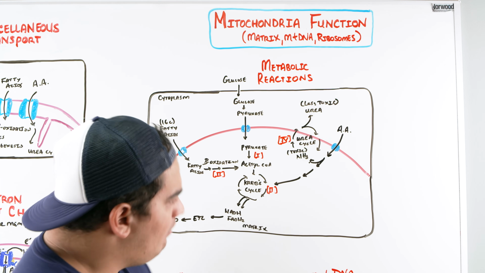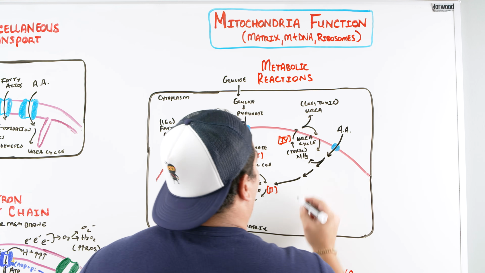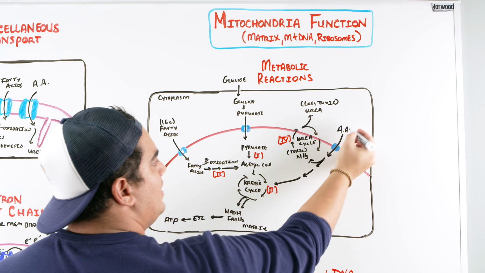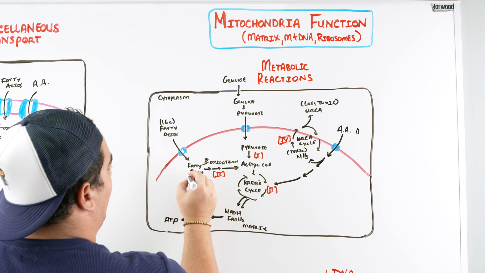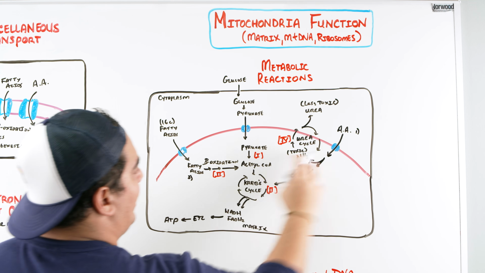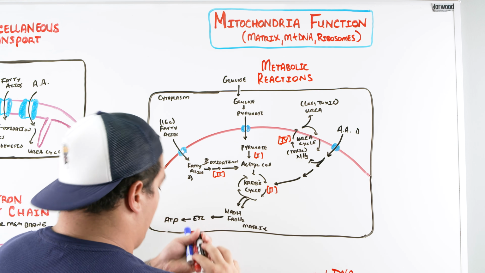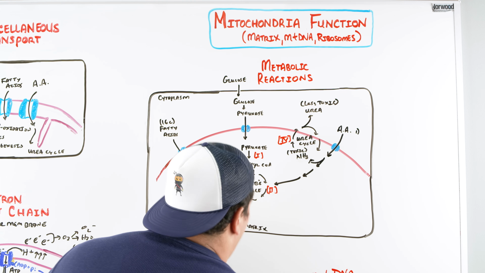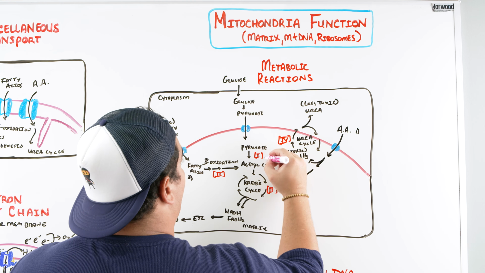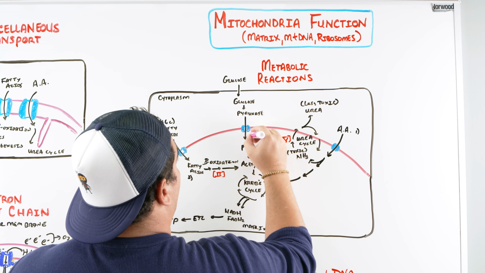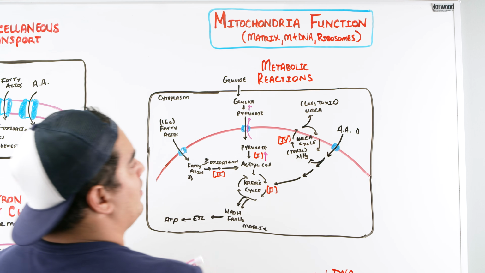Another reaction that's really cool is I can take something like amino acids, or something like odd chain fatty acids, and I can convert them into specific substrates. But then what I can do, which I'm going to represent here with a pink arrow, is I can convert them back into pyruvate and then back into glucose.